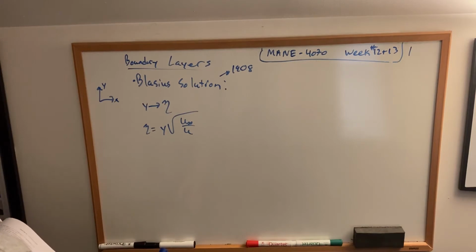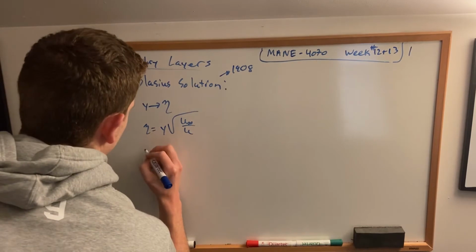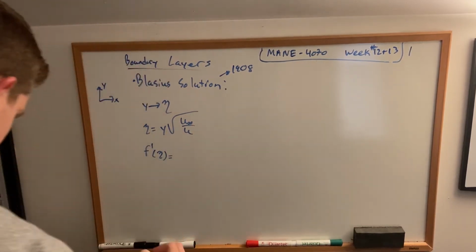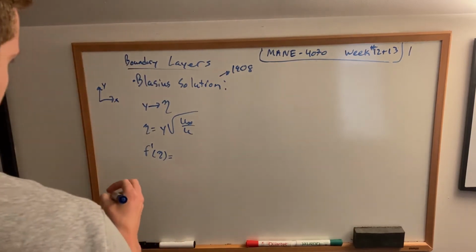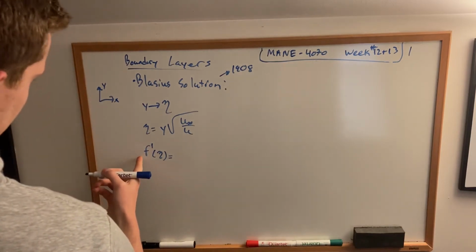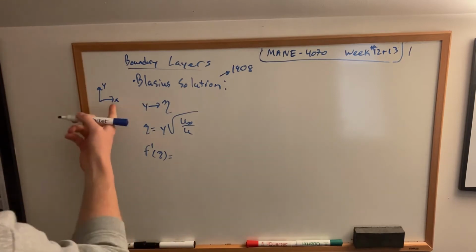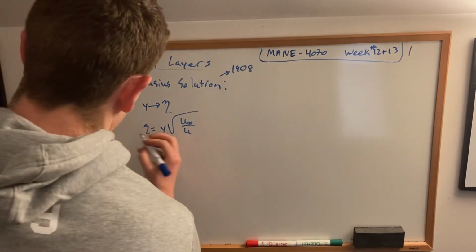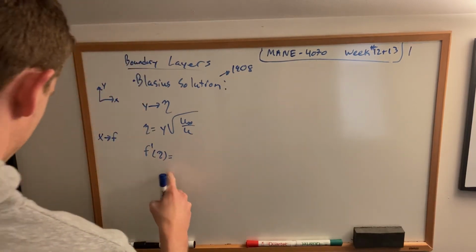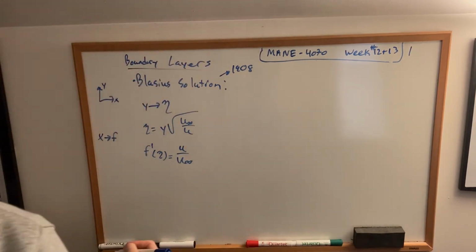And then f is some function of eta, where f prime of eta is basically the velocity term. So f prime corresponds more to velocity, and the integral of f is going to correspond to x. Integral of velocity corresponds to position. So f prime is defined as u over u infinity, just the fractional local velocity.